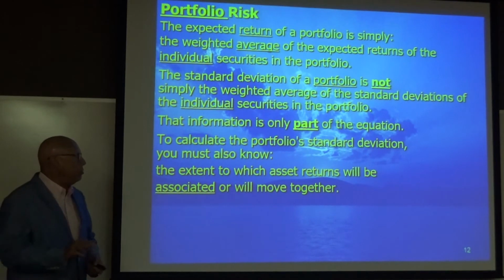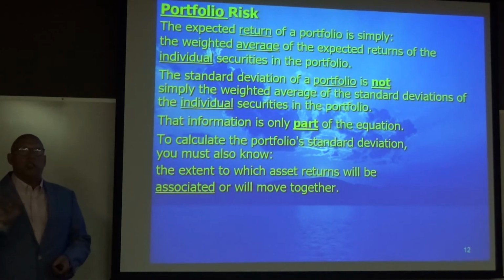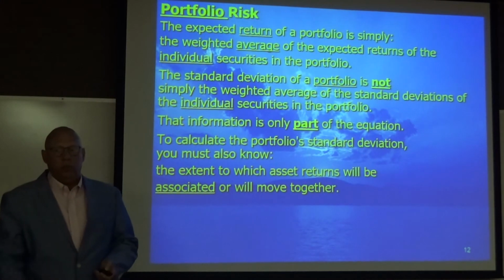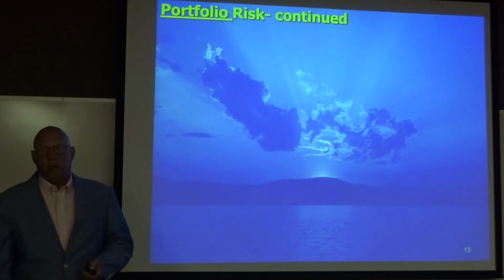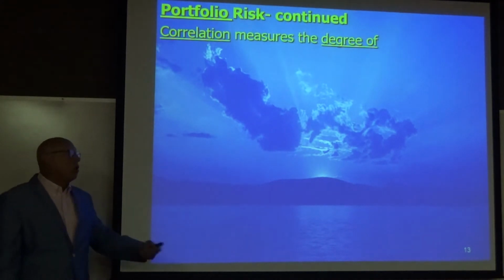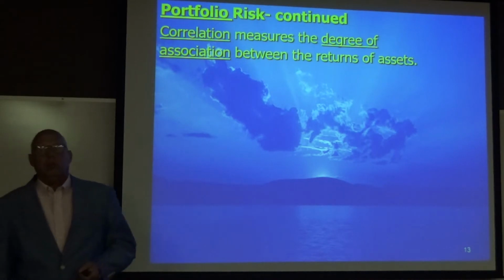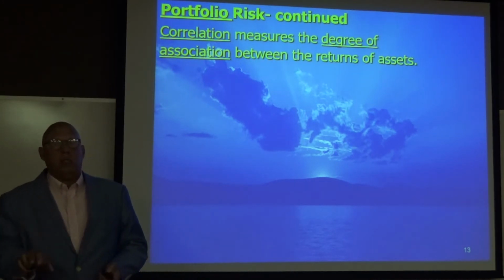So to do standard deviation, we need to know the standard deviations of the individual securities, the weightings of the individual securities, and the correlations of the individual securities, how they move together. Correlation measures the degree of association between returns of assets.